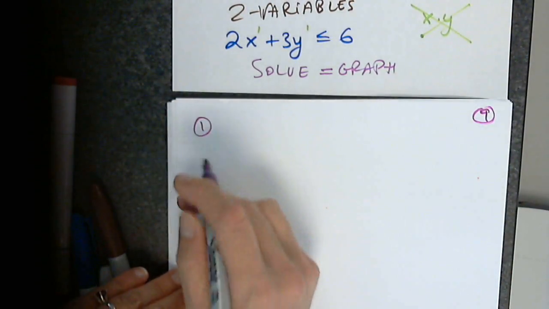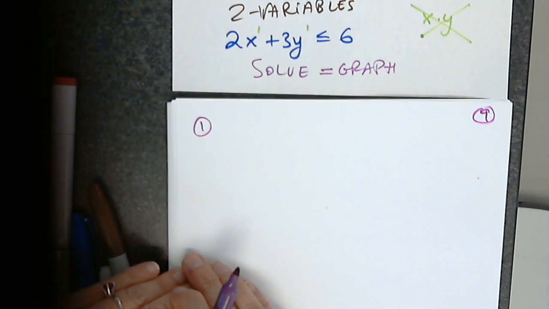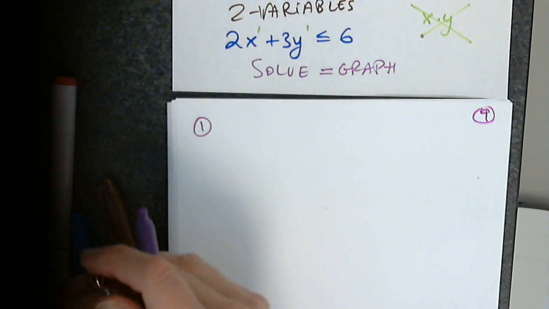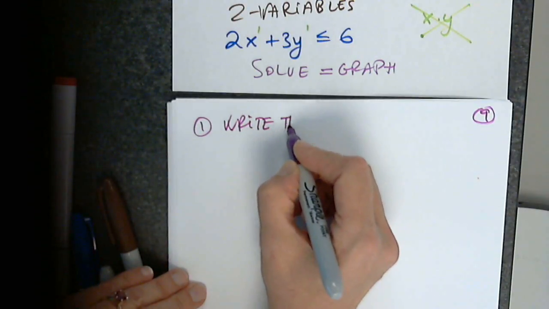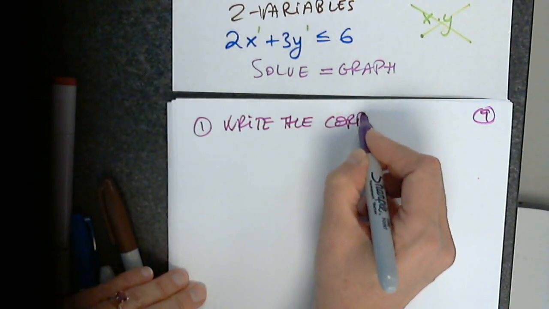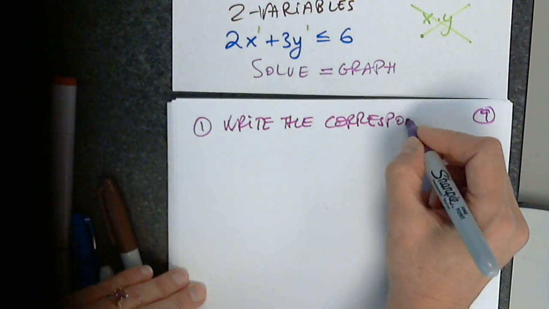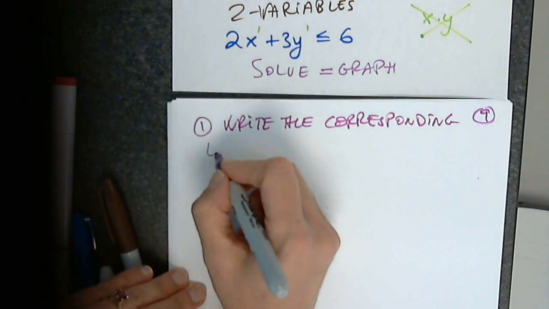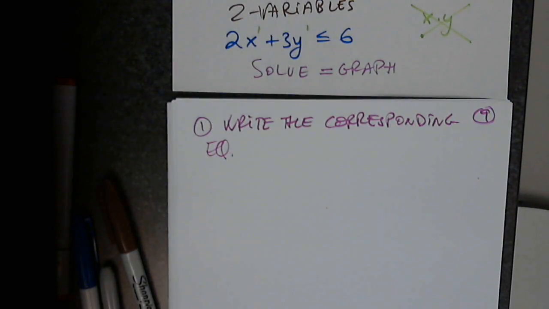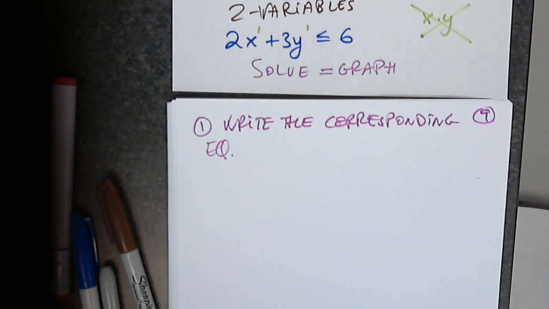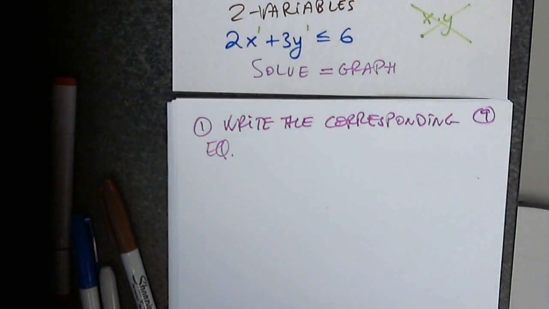In step number 1, I create or write the corresponding equation. You can ask, are you changing the inequality symbol into the equal symbol? And I will say, no, I'm not doing that. But I need to, and you'll see in a moment why, create the equation first.